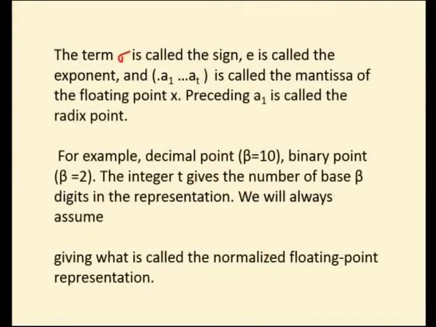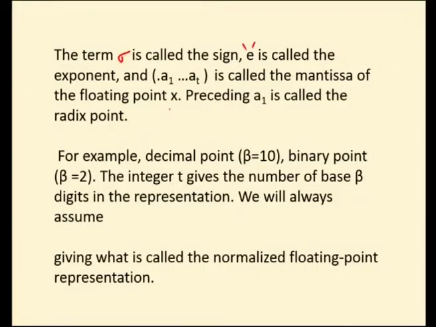The term sigma is called the sign, e is called the exponent, and 0.a1 a2 up to at is called the mantissa of the floating point number x. So, this is how any decimal number is represented in the floating point representation.